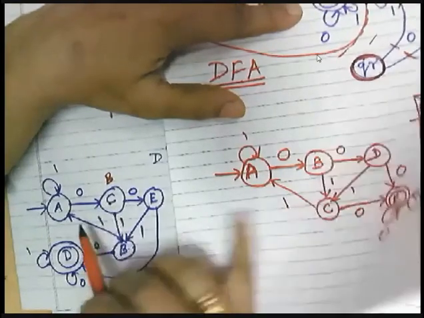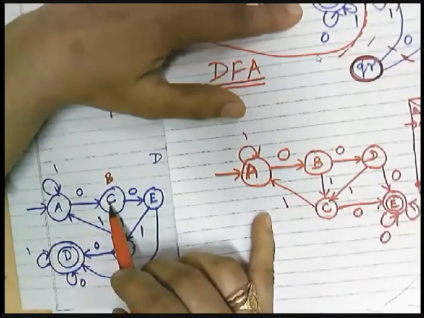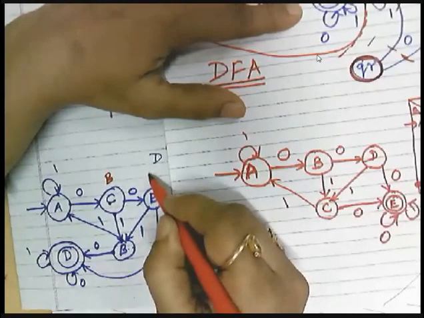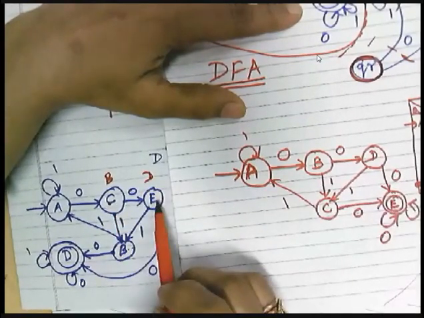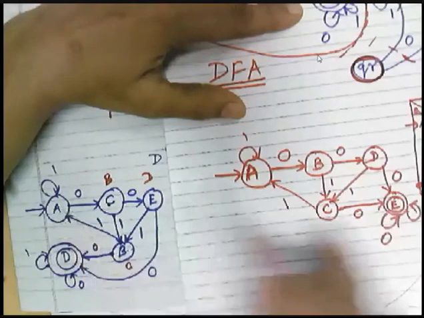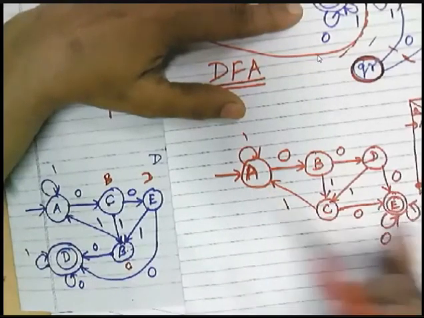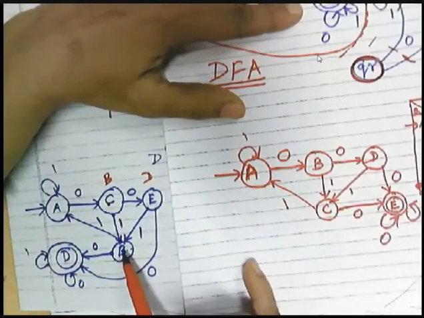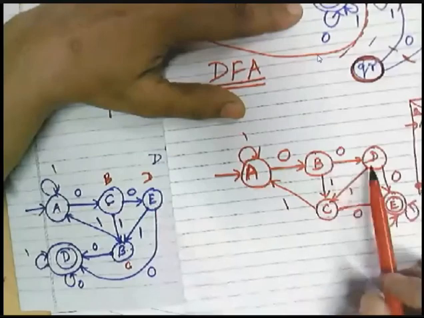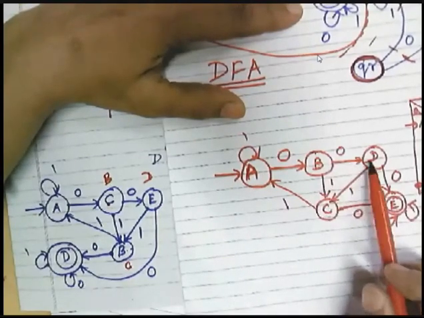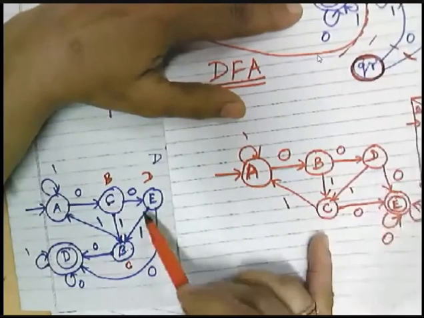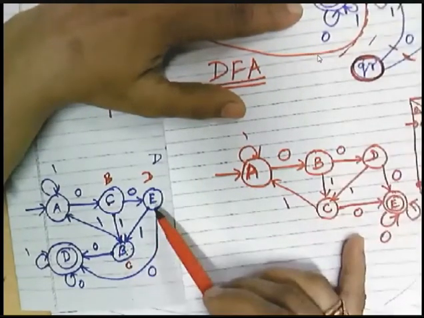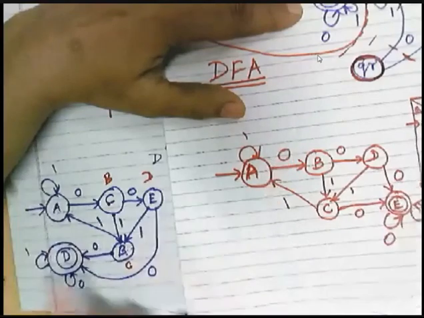Okay. Then this B on 0 moves to D, as per this, right? On 0 moves to D, on 1 moves to C as per this. Next, B on 0 moves to D, C on 0 moves to this D state. Again, this on 1 moves to this. Again, if I take it here, it will be the same.